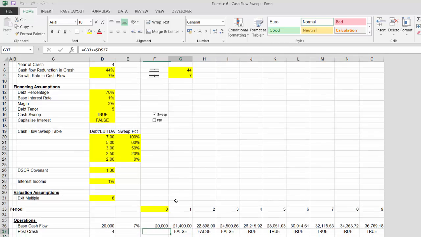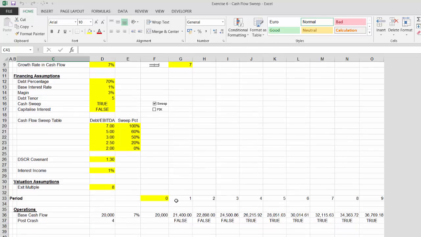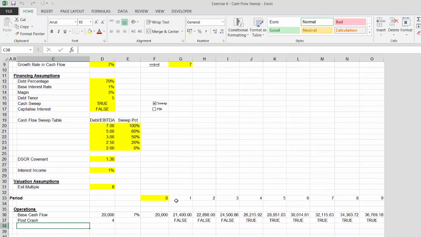LBO of a media company, assuming, I don't know how high growth, they didn't assume dramatic growth rates, but the leverage was very high, and it just completely tanked. And then we put our post crash cash flows.